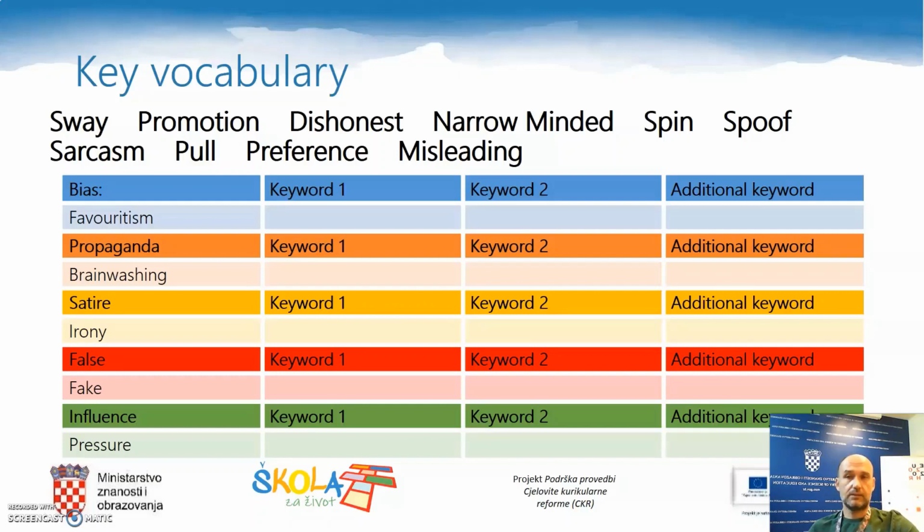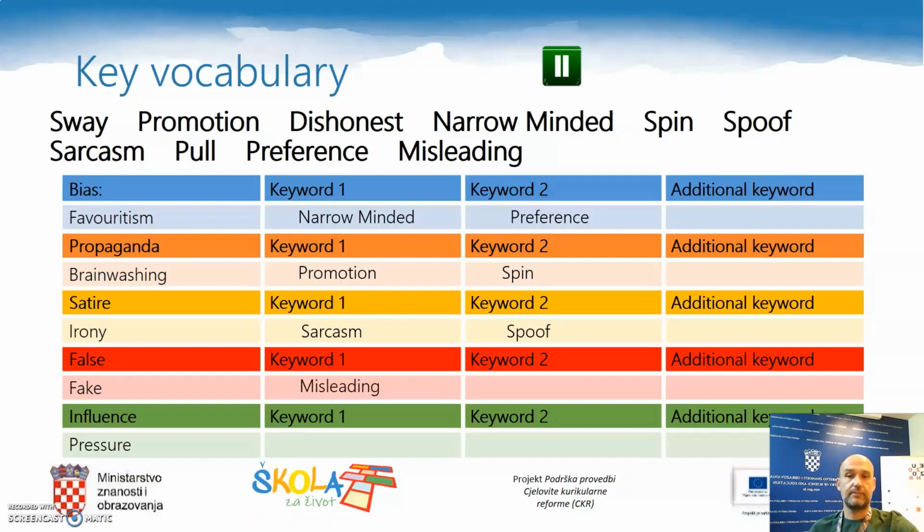So, bias: favoritism, narrow-minded, and preference. What would be an additional keyword? Propaganda: brainwashing, promotion, spin. Satire: irony, sarcasm, spoof.